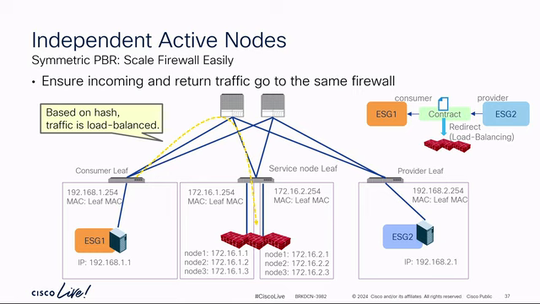Then by using hash, ACI fabric gonna make sure incoming and return traffic is load balanced to the same firewall. In this illustration, because of the space, I put all of the firewalls in the same service leaf, but the location doesn't matter. You can distribute firewalls across different leaf nodes. It might be better for high availability and resiliency.